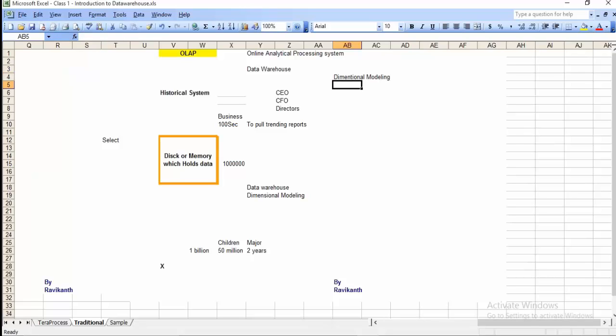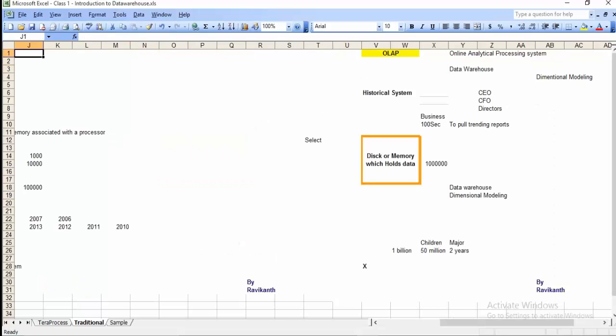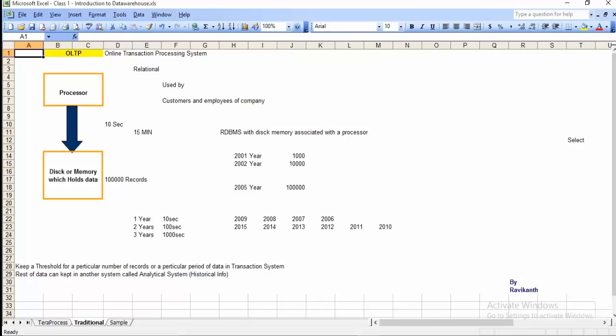Because the purposes of these two systems are totally different, we use a different model to design data warehouse or OLAP systems. I will explain what dimensional modeling is and its key concepts in our further classes, not in the demo session. So now you understand the difference between OLTP and OLAP, right?